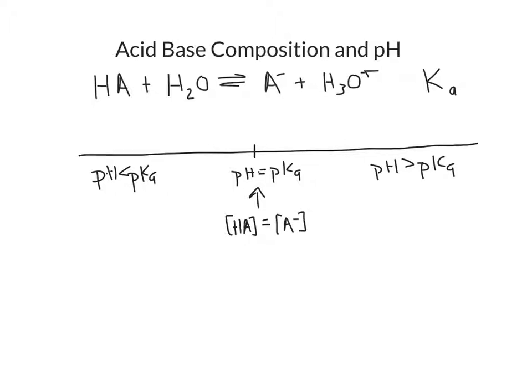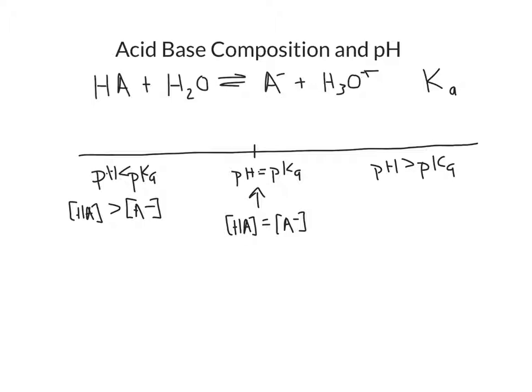However, if I am at a pH that is less than the pKa, so my solution is more acidic than the pKa, in other words I have added H3O+, that will cause the reaction to shift in this direction and make more HA. So over here, where the pH is more acidic than the pKa, smaller than the pKa, my HA, my conjugate acid concentration, will be greater than my conjugate base concentration.